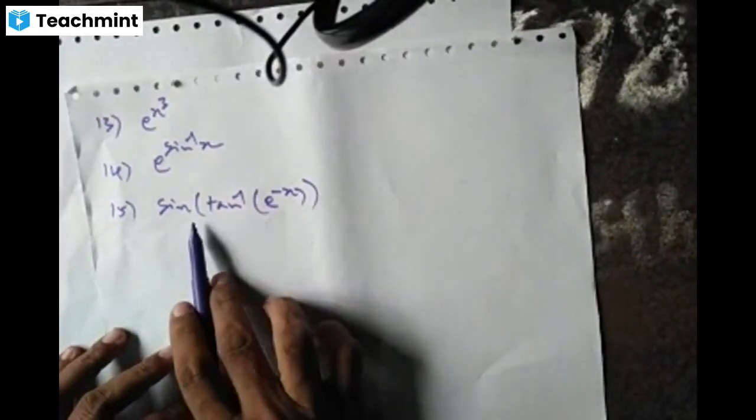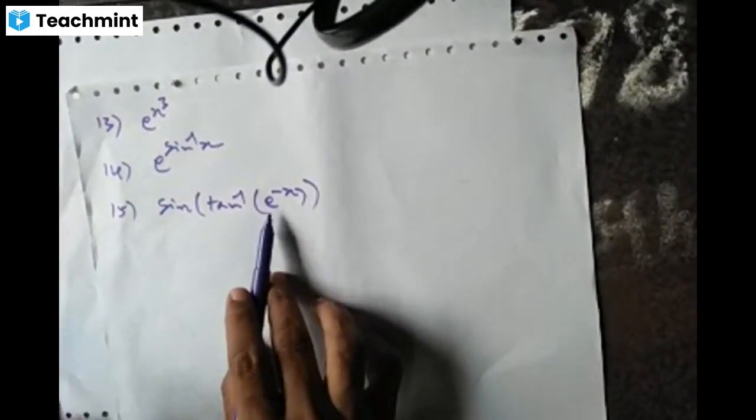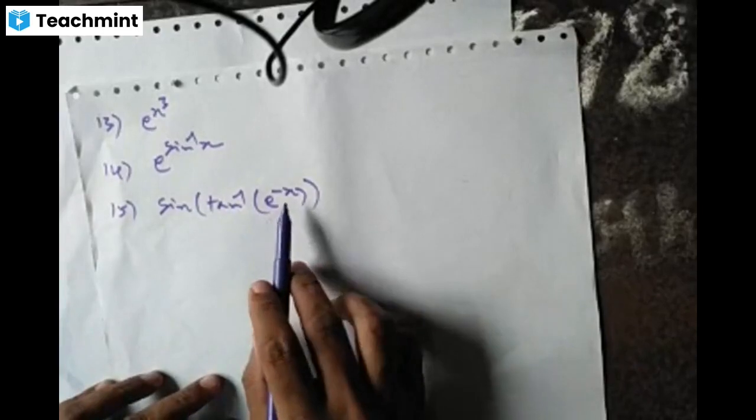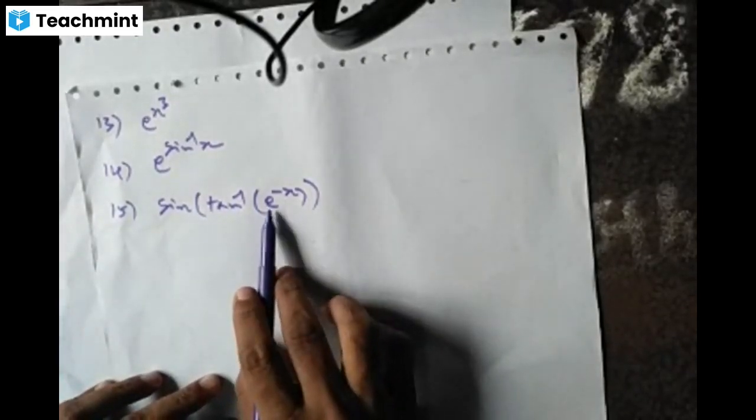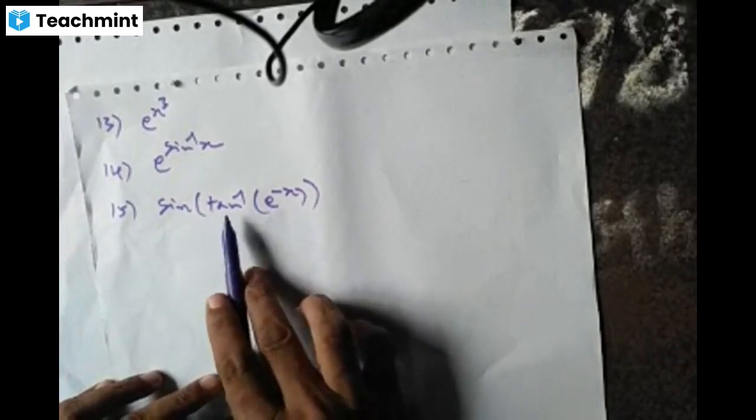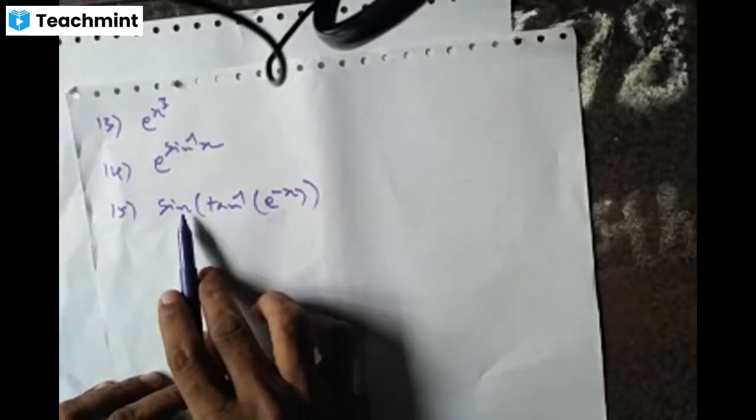See here, in this case, the function is composition of 4 functions. One is polynomial function negative x, second one is exponential function e power x, third one is inverse tan function, fourth one is sine function. So here you have to use extension of chain rule to find its derivative.